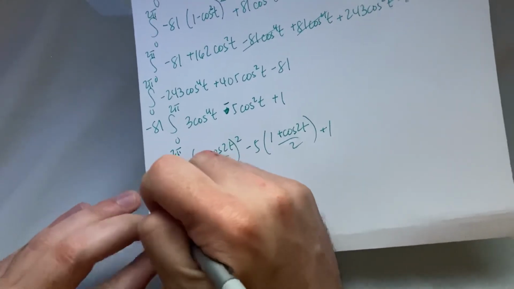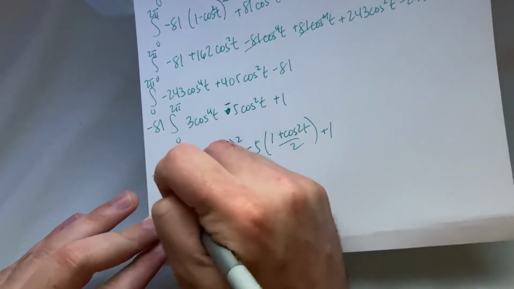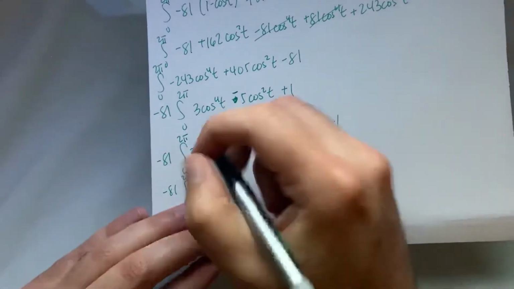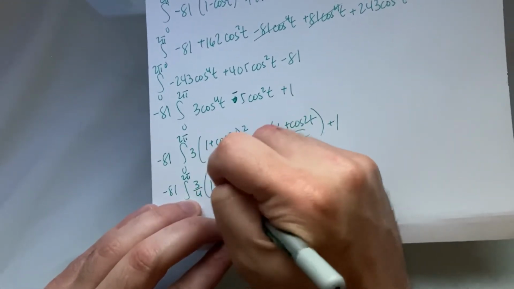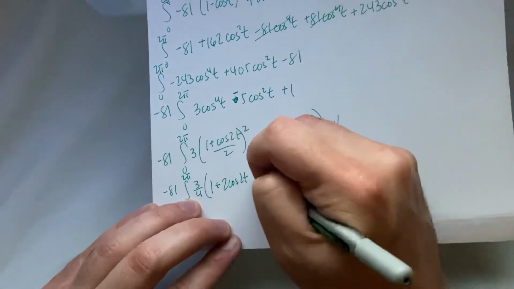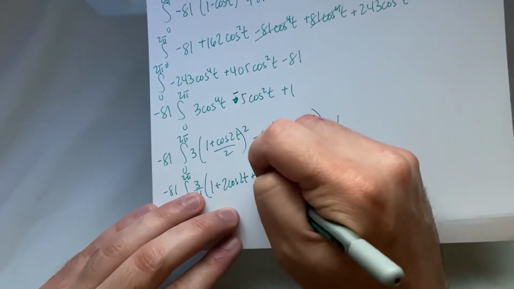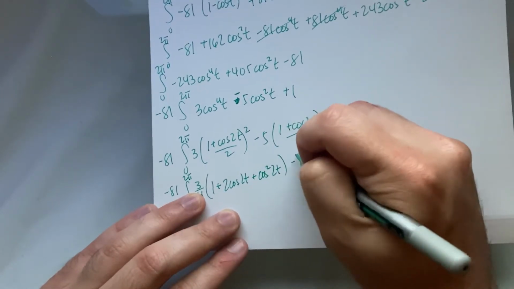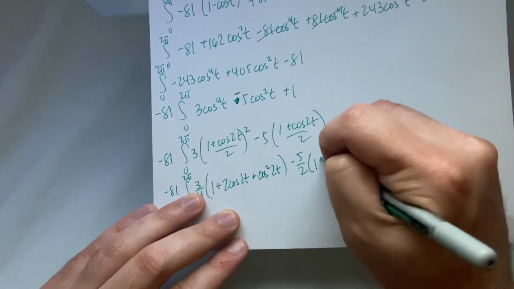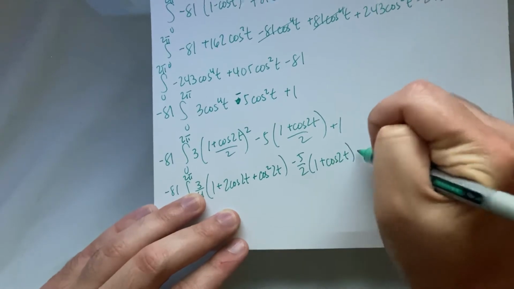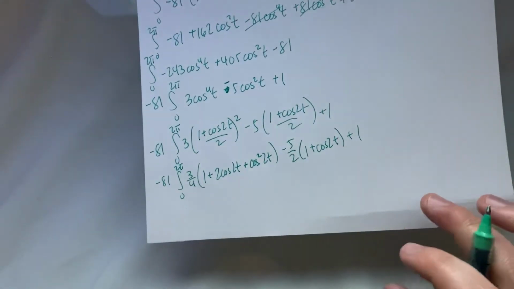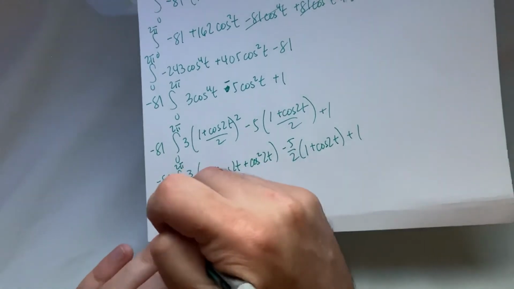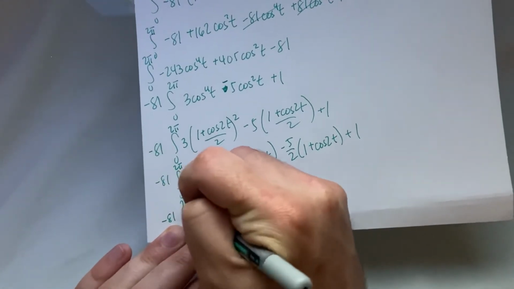If I expand that, this is negative 81. I'm going to bring the over 2's out, so this is 3/4 times (1 plus 2 cosine 2t plus cosine squared 2t) minus 5 halves times (1 plus cosine 2t) plus 1. I have to power reduce this part again, but I should be able to combine other things together.